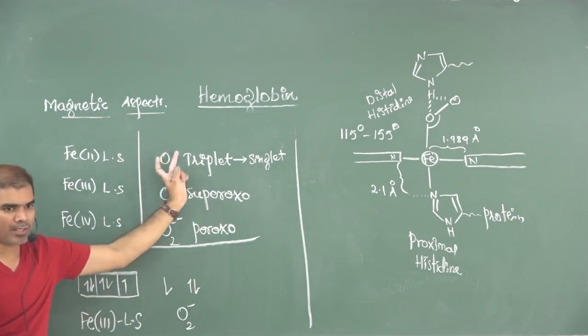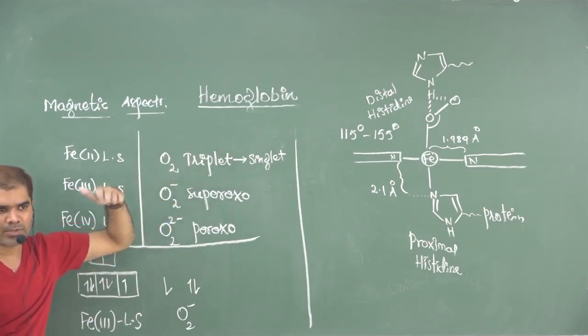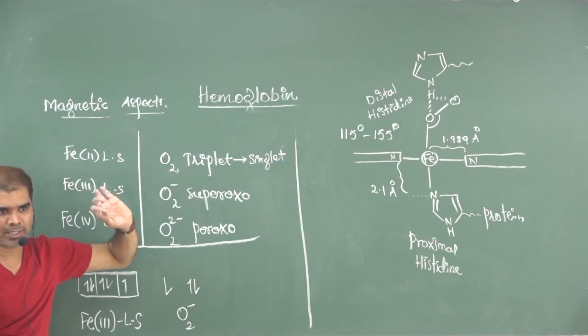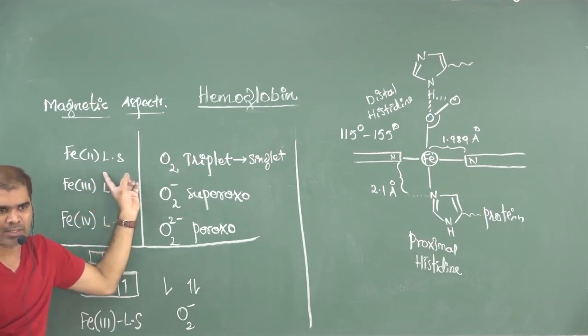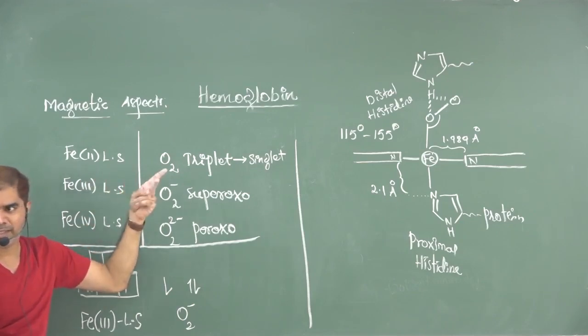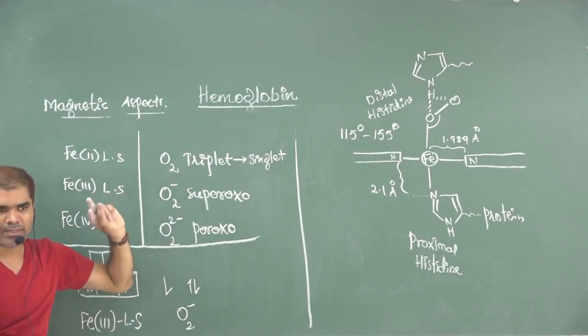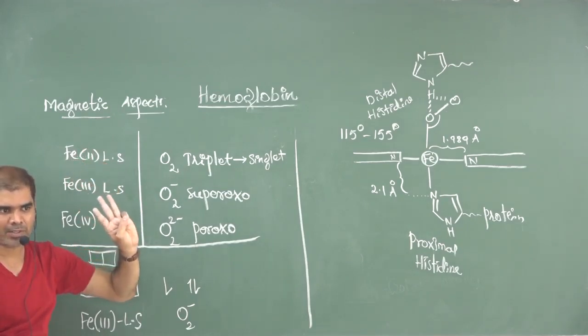So there has to be a conversion from a triplet into singlet. Even in the 2009-2010 GATE exam questions, they considered oxyhemoglobin as iron 2 low spin, but in a later GATE exam they considered it as iron 3 low spin.